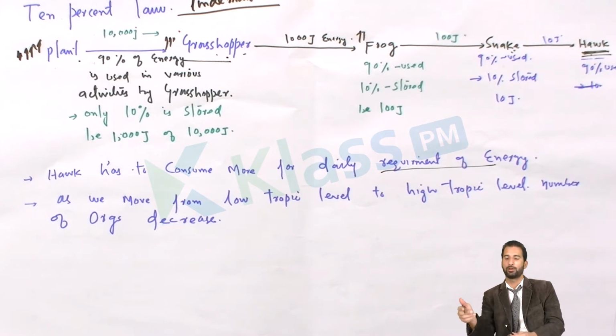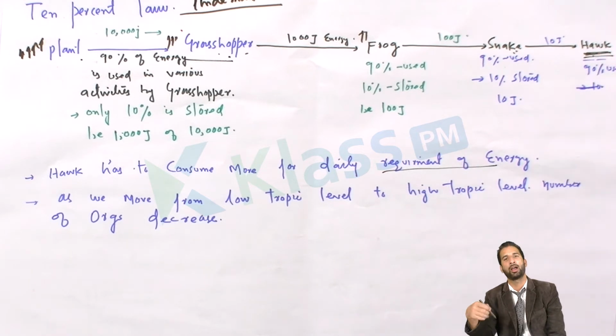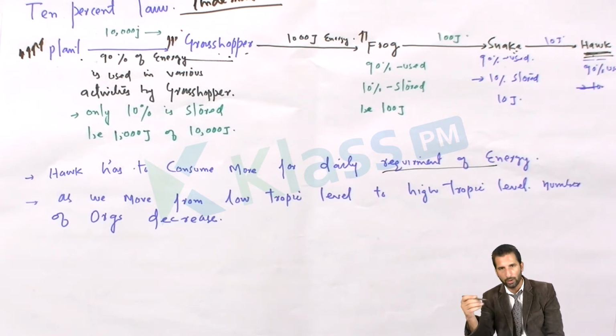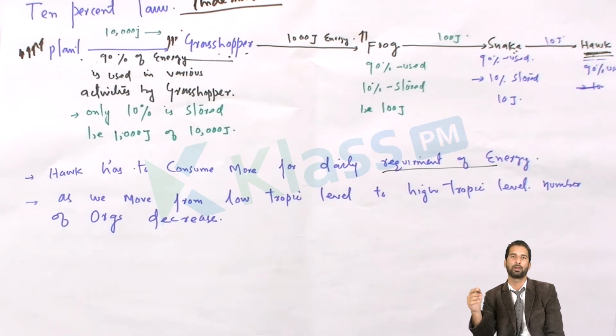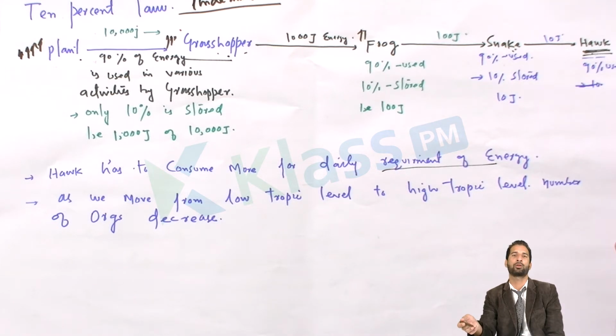In order to fulfill its energy requirement, the hawk has to feed on more snakes to fulfill the needs of its body. Because less energy is available to the hawk, it has to consume more snakes to fulfill its energy requirements.